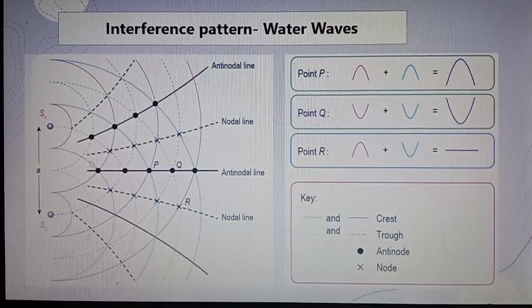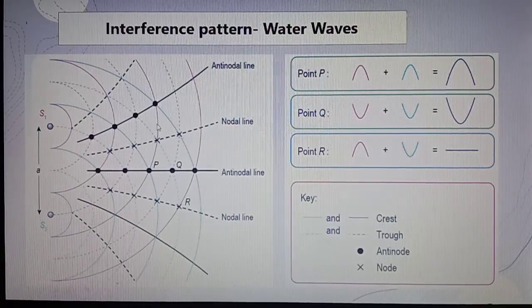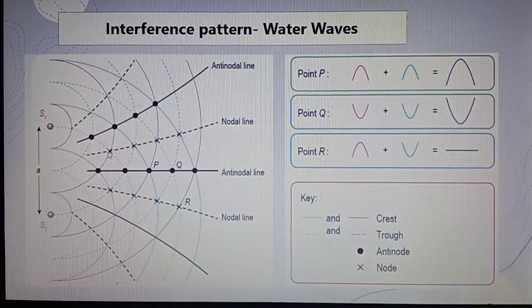Now look at the next line here. You can see this one is trough meets crest. This is also trough meets crest, trough meets crest, trough meets crest. So it produces a point where destructive interference occurs.